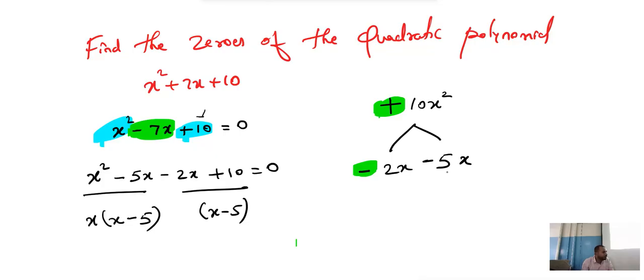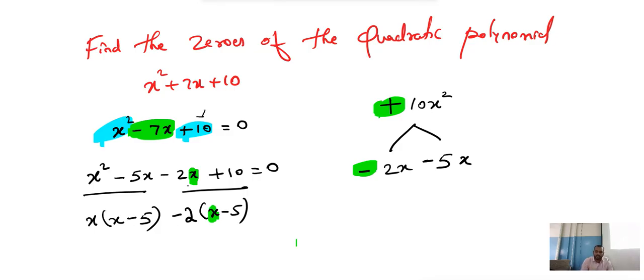Here x minus 5, here also you should write x minus 5. Now, here also x, here also x. Before x, what is left out? Minus 2. Right, here minus 2. Now multiply and check, you'll get the same answer.